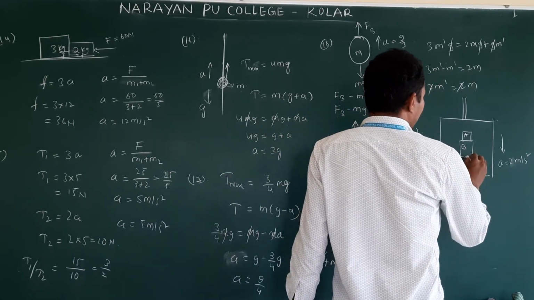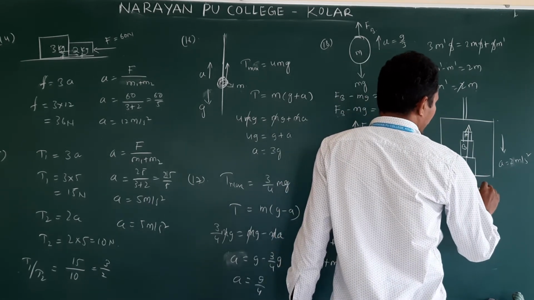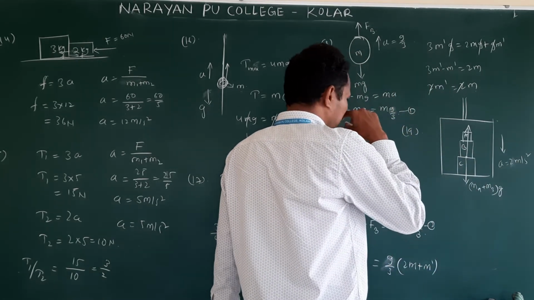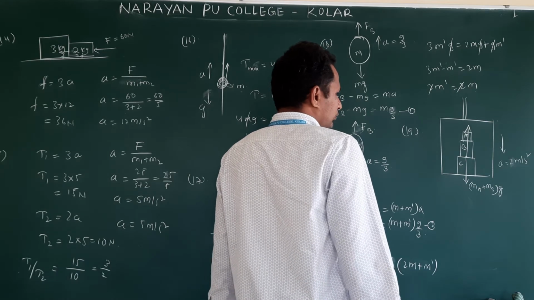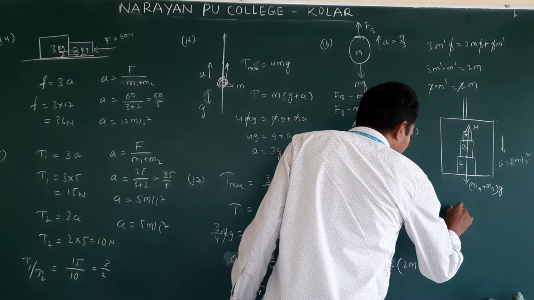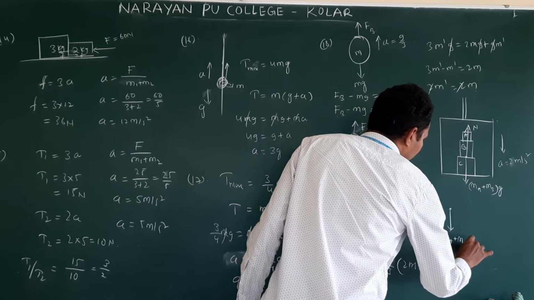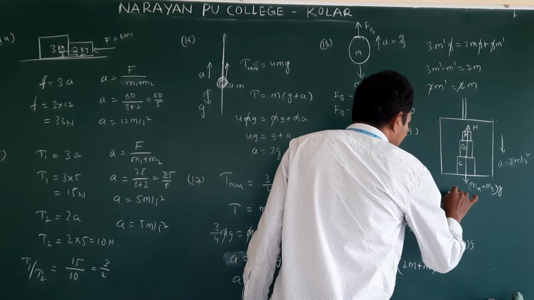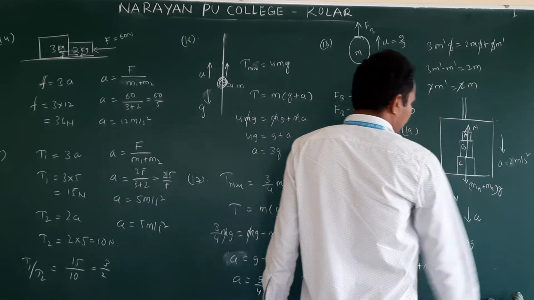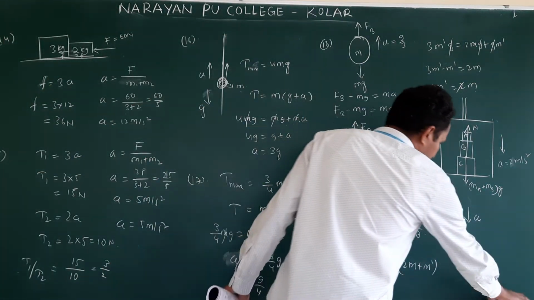This contact force, normal reaction, acts upwards, and mg acts downwards, which is Ma plus Mb into g. Clear? Okay, normal reaction. Free body diagram, how do you write? Downwards, Ma plus Mb into g, normal reaction acts upwards, but the system is accelerating downwards. Now frame the equation and we will get the answer.